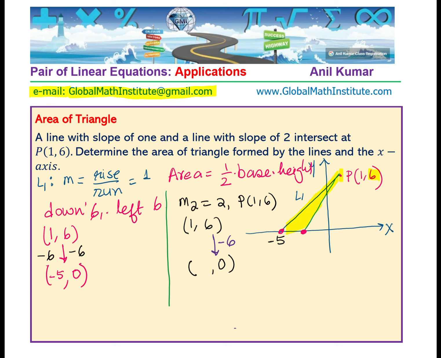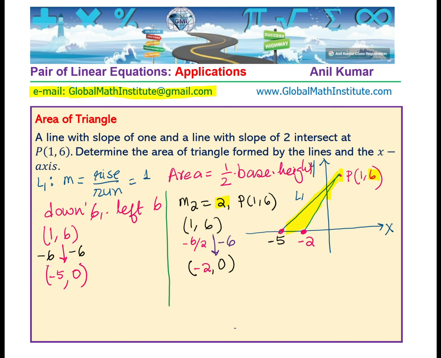Now, since slope is 2, it is going to be faster, right? Twice the ratio. So this value for x will be reduced not by 6, but by 3, half the value of 6, minus 6 by 2, which is minus 3. Do you get the idea? And therefore, we get minus 2 here.